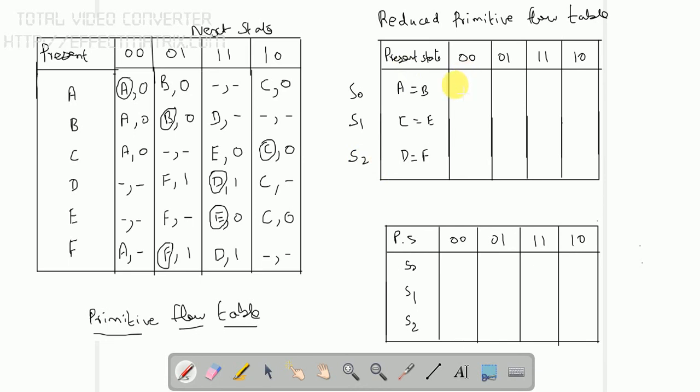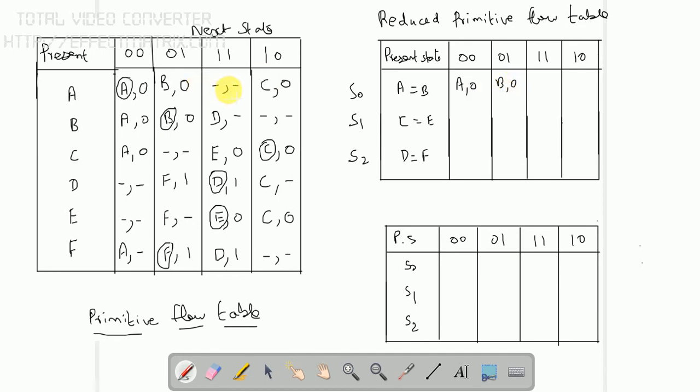Using this primitive flow table, A comma 0. A is equal to B, A comma 0, A comma 0, so both are the same. Next 0, 1, both are the same, B comma 0.